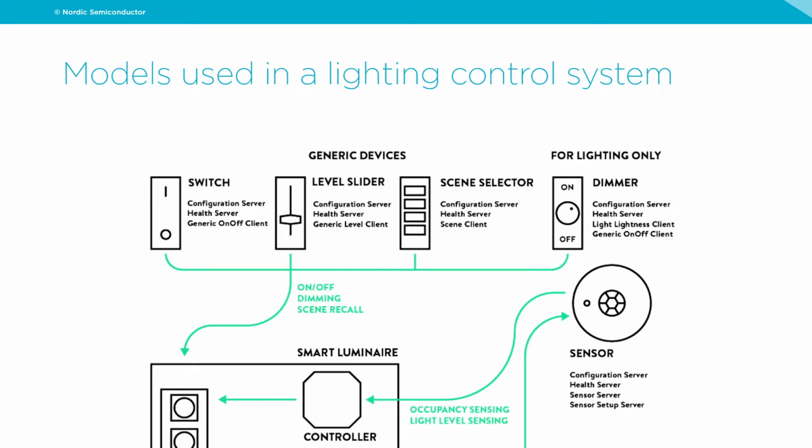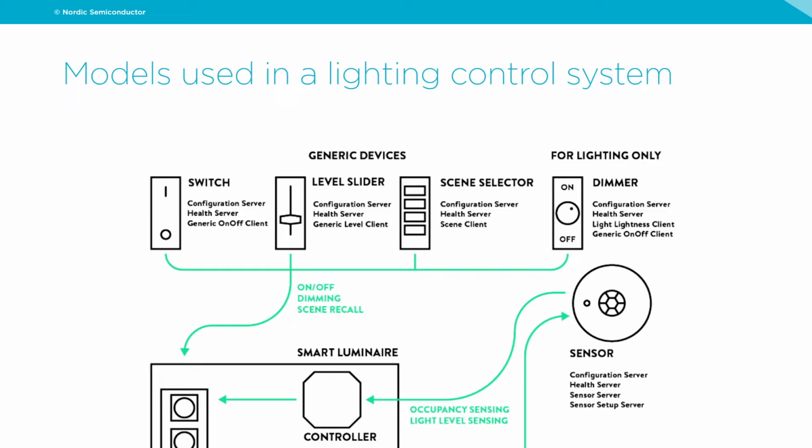The configuration server and health server are foundation models, which are defined in the mesh profile. And then there's a generic on-off client, which is defined in the model spec. That's why you will see the configuration server and health server repeated for all the devices in the network.